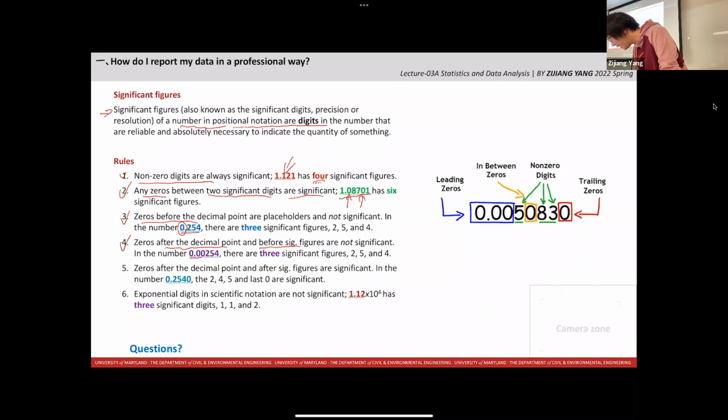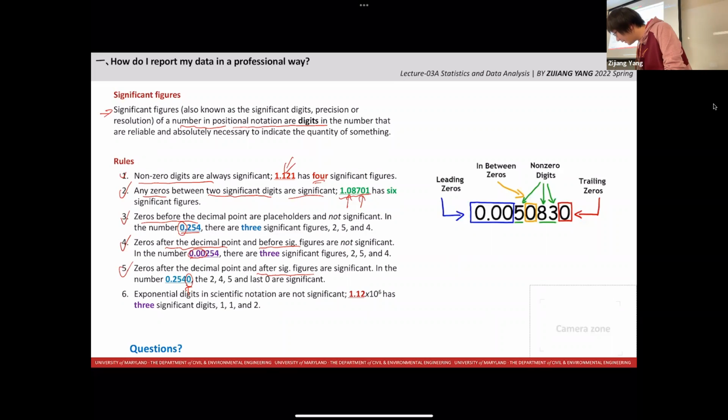Similarly, for this one, we have 3 zeros at the very beginning, and they do not count. So both of these numbers have 3 significant figures. But zeros after the non-zero digits, like the 0 here, count as significant digits.